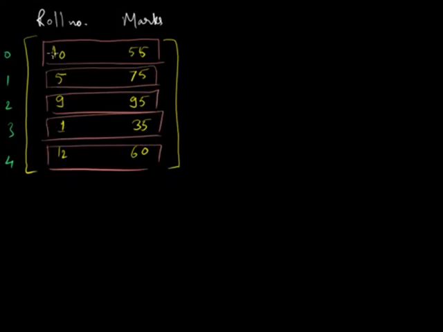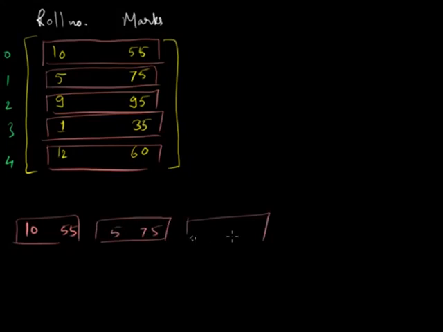Now what you can see is an array of rows, right? Array of rows, and those rows in turn are nothing but arrays like this. This is the first array, 10 55. This is the second array, 5 7 5.